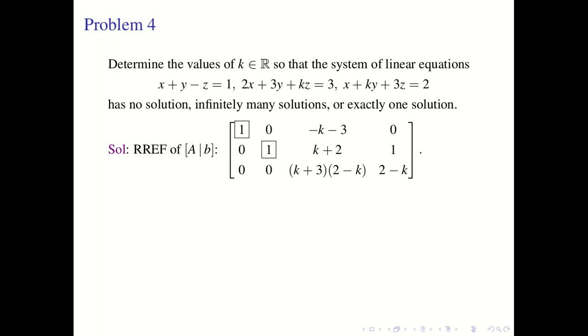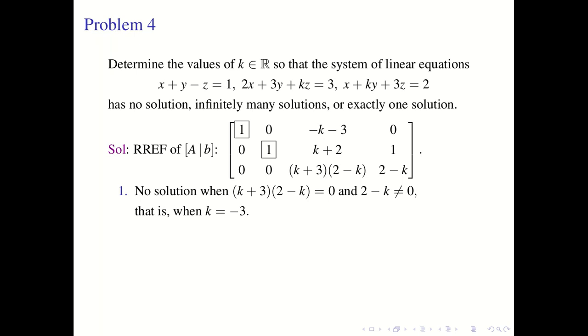So for that we need k equal to minus 3. So if I take k equal to minus 3, then the rank of the augmented matrix will be 3 while the rank of A will be 2. So therefore the system will be inconsistent and will have no solution.